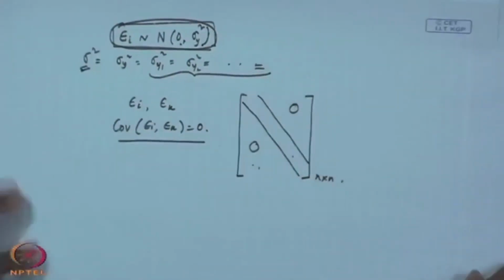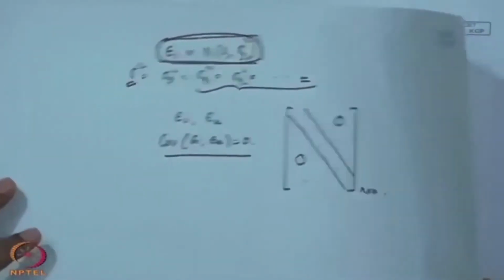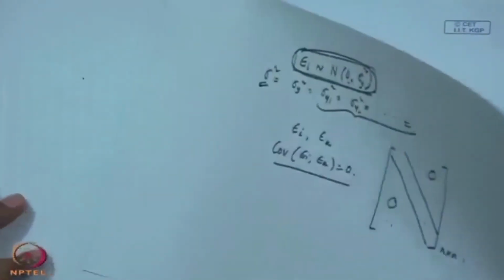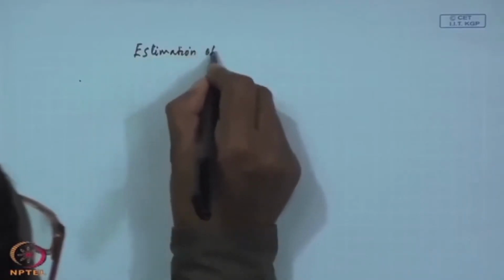So, these are the assumptions. We will test all those assumptions later on when we fit the regression equation and it is required to be tested. Once you are satisfied with the data, that on examining it the assumptions are reasonably valid, then you will go for fitting, that is, estimation of model parameters.